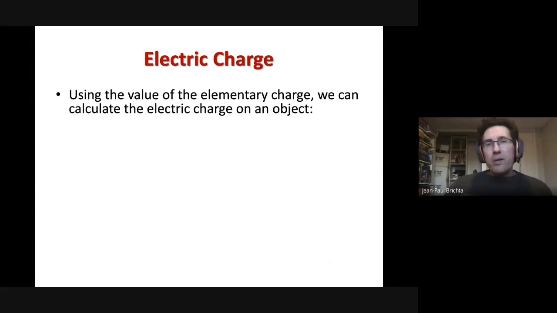As a consequence, we always know that however much charge we have, it's got to be divisible by the elementary charge. Or to put it another way, the amount of charge that we have is always some integer number of elementary charges. So in the equation here, Q is the total charge on our object, N is some integer, and e is the elementary charge.